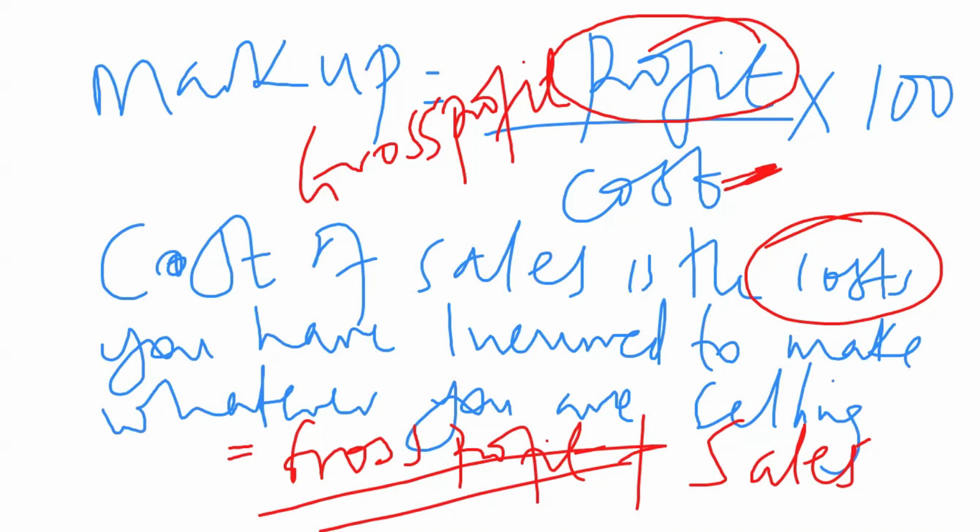But now we need to understand, how do we get profits when we ignore the costing aspect? So we want to ignore the costing aspect, and we use the general knowledge, what we know.